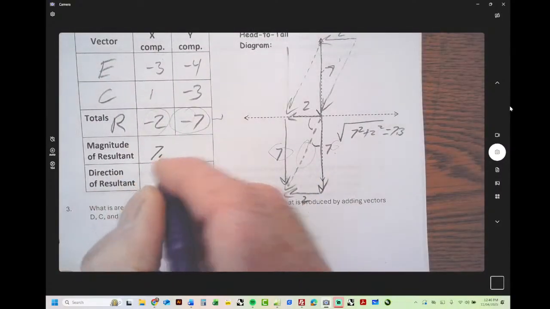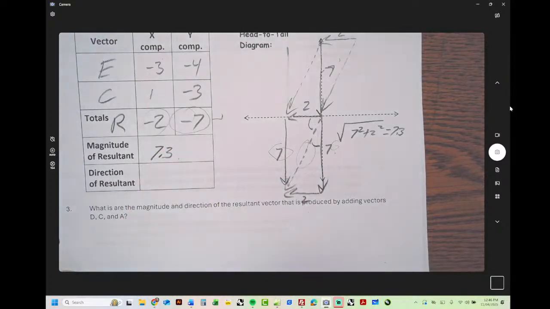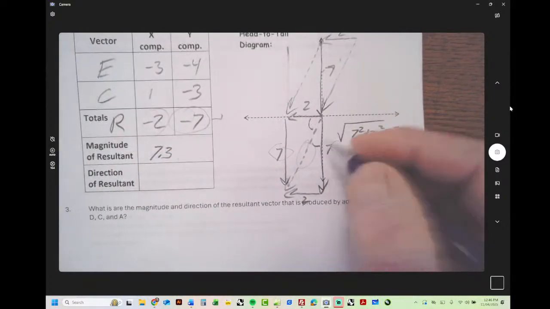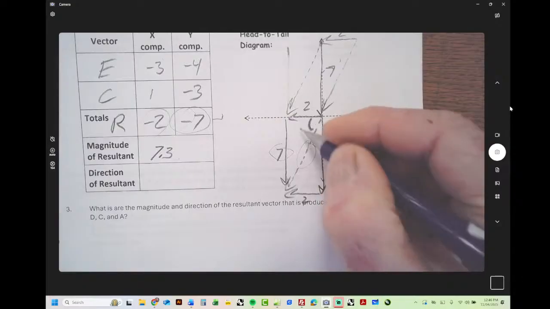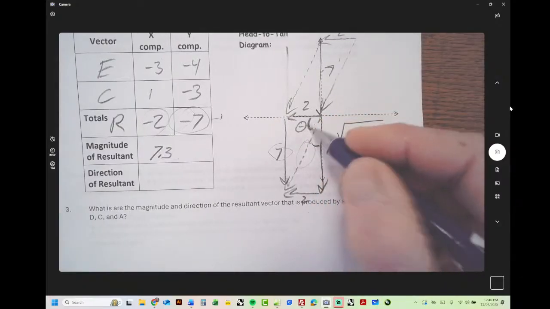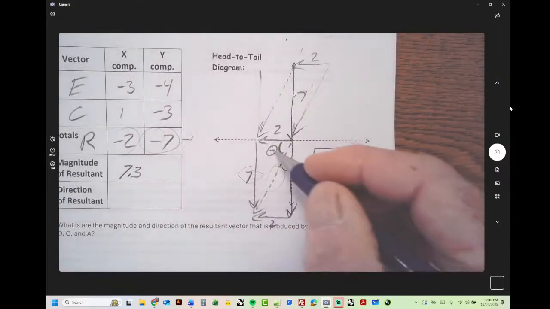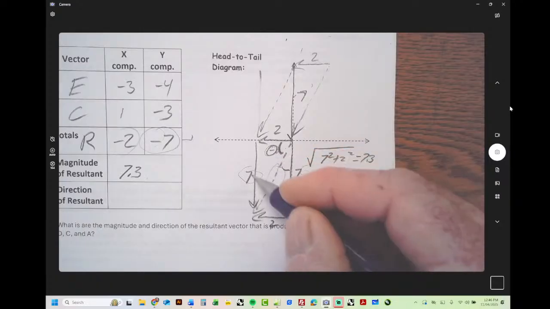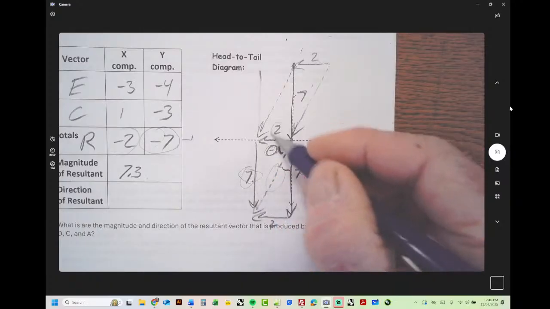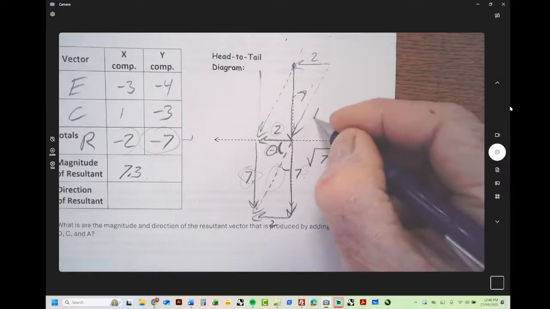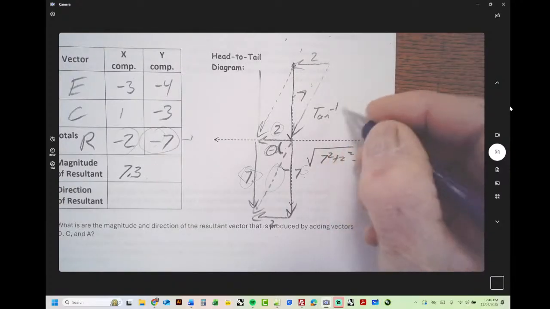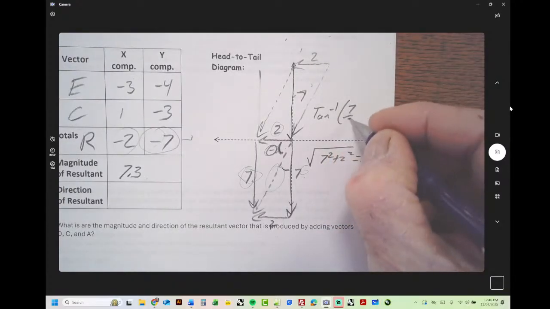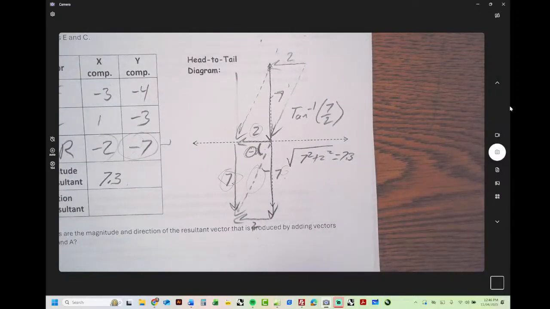the resultant length. And then the direction, I think this is probably the one most people found. So if I'm looking for theta there, if this is the angle, then this is the opposite and this is the adjacent. So the inverse tangent of 7 over 2 gives me the angle that I need.